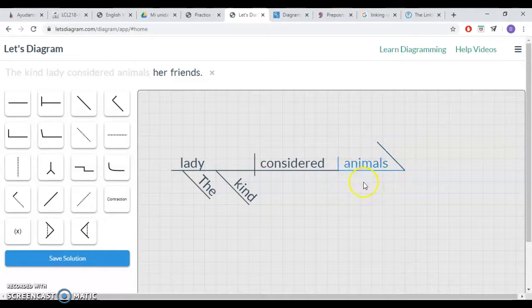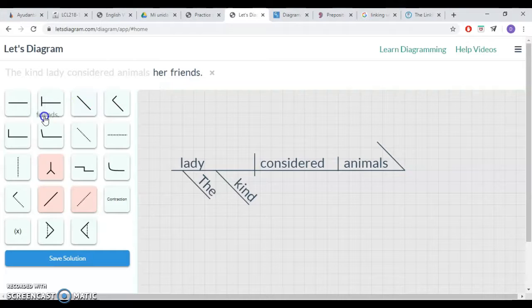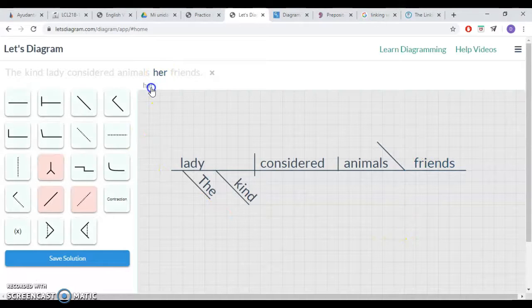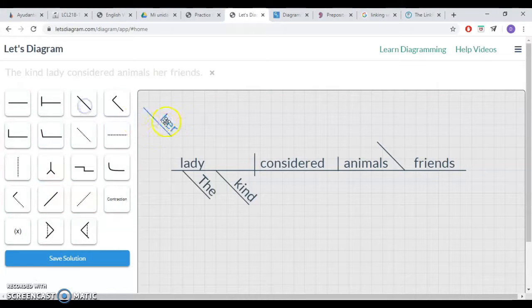We are complementing the object. Now we have friends, and we have her as a determiner, so we place it right below, okay. So now we have the diagram.